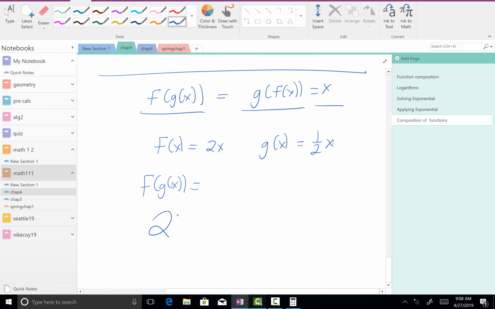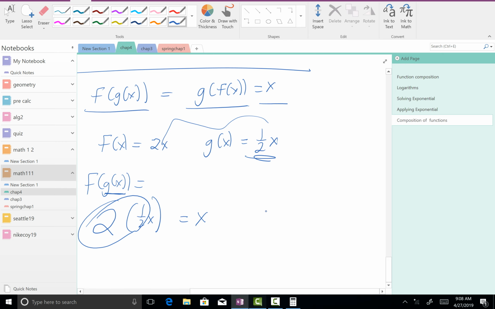We start with g, so that goes into there. It's easy to see what happens when you take 2 times a half. And then this one, we start with f and put that in that one. Again, it's easy to see what happens there, and that's what they want.